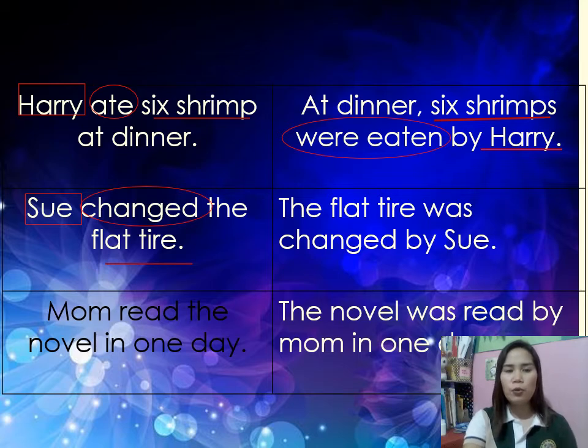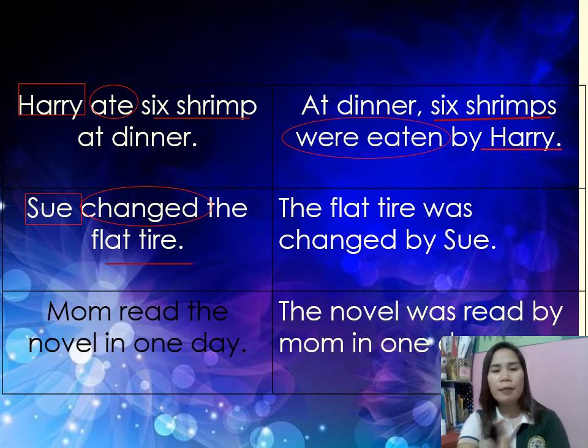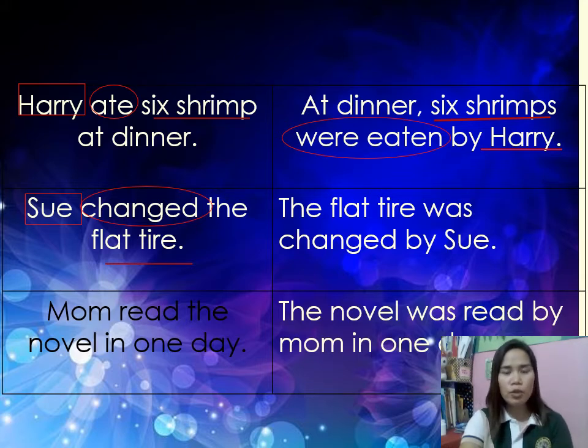So for number 1, ate became were eaten. You will be asking, why were eaten? Harry is the subject, right? So we have to use is? No. We have to follow 6 shrimps. In passive, 6 shrimps is now our subject.